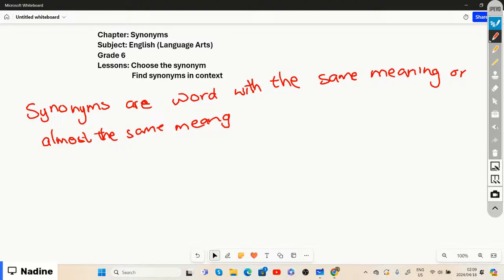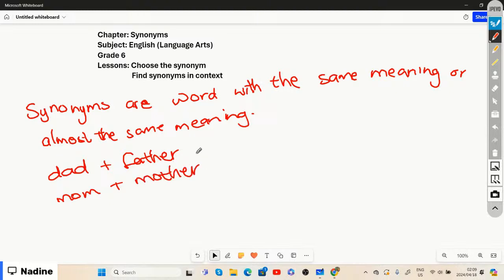So we can say that the definition of a synonym is words with the same meaning or almost the same meaning. And we made mention of words like dad and father, mom and mother. These are words that are almost the same or the same. If I'm tired, another word that is similar or the same as tired is exhausted.